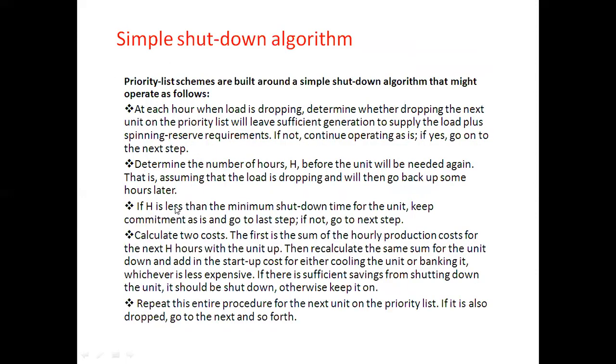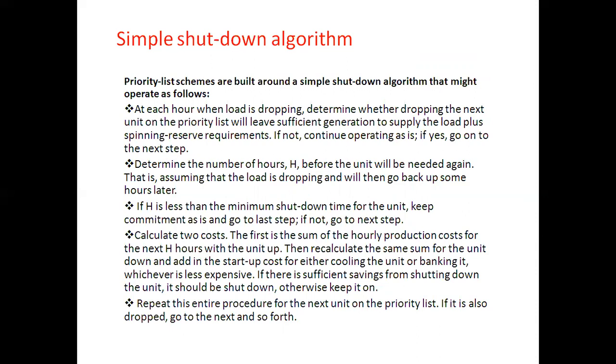So the simple shutdown algorithm: priority list schemes are built around a shutdown algorithm that might operate as follows. At each hour when load is dropping, determine whether dropping the next unit on the priority list will leave sufficient generation to supply the load plus spinning reserve requirements. If not, continue operating as is.